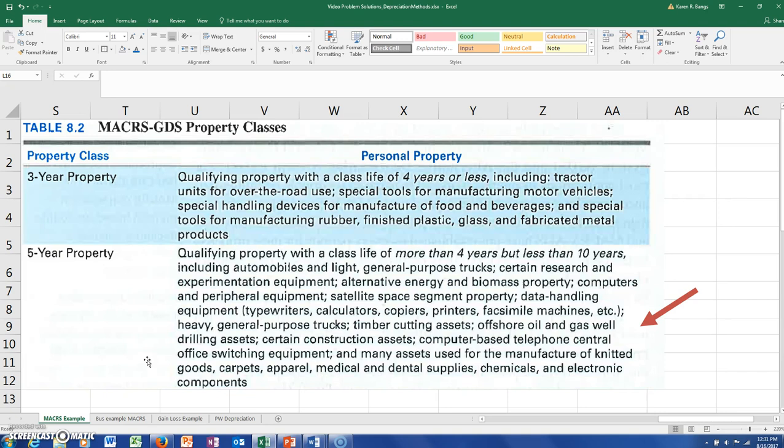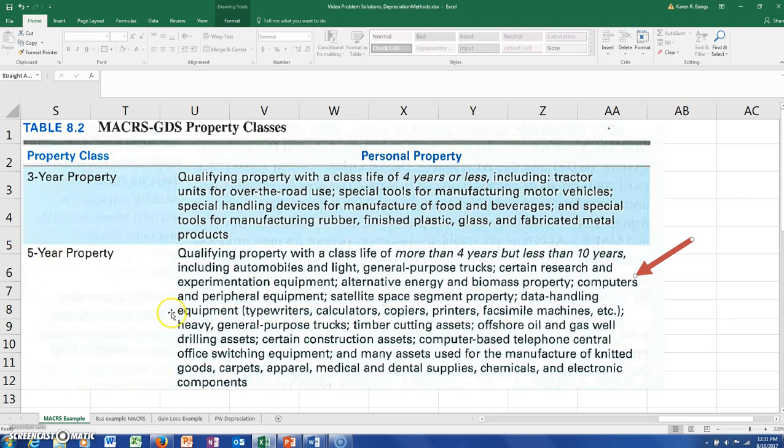If we read through the 3-year property, we see there's nothing there about computers. But if we read through the 5-year property, we can see that computers and peripheral equipment are listed as 5-year property.